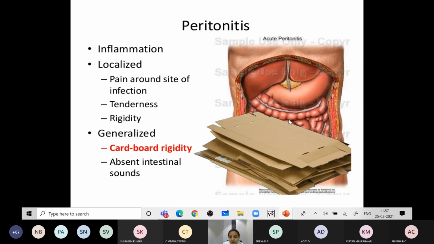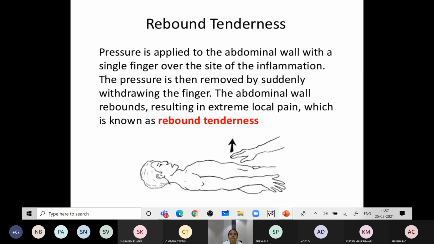When the localized pain spreads to the general peritoneal cavity, it forms generalized peritonitis. That time the anterior abdominal wall muscles contract, and we can feel cardboard-like rigidity over the anterior abdominal wall. It becomes hard, and the intestinal sounds become absent because the intestine is not functioning properly.